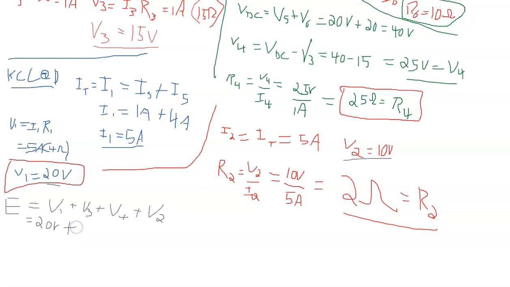Oh, I'm sorry. V3 is the next one we want. And V3 is right here, 15 volts, or of course back in our VIR chart, they're all readily handy, let's say. V4, 25 volts. And as we said, of course, V2 given at 10 volts. So add up the 4 voltages, and E is equal to 70 volts.